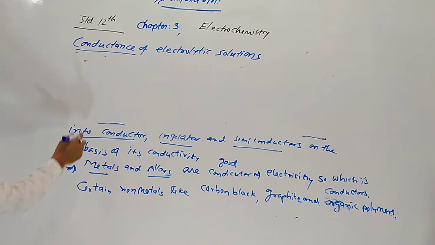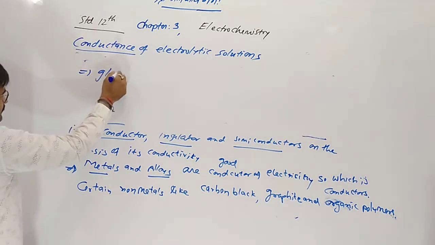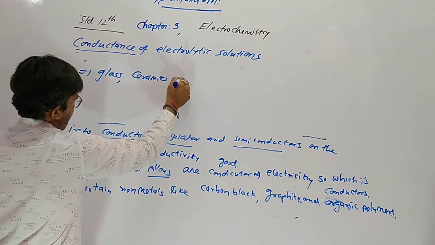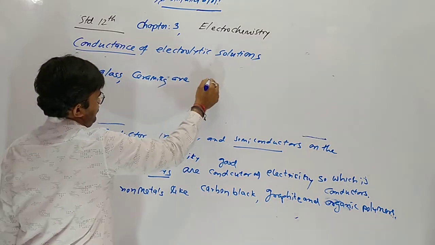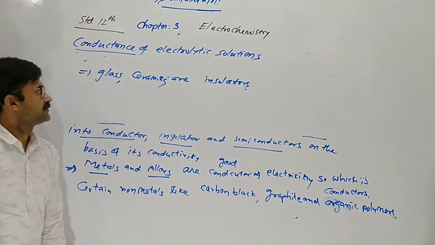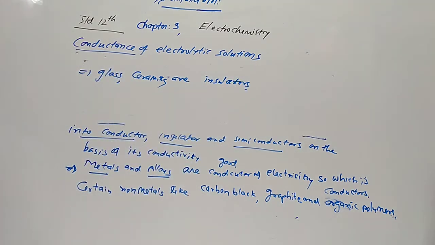Substances like glass and ceramics are insulators. Glass and ceramics are insulators having low conductivity, known as insulators.